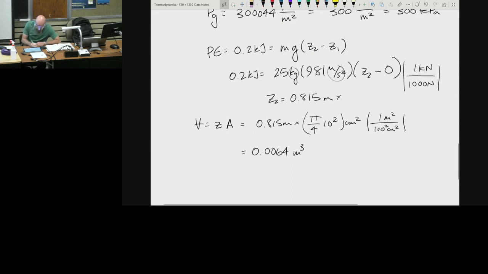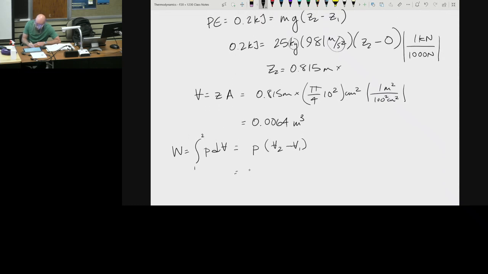Okay, so now we can find out what the work is. The work is the integral from 1 to 2 of P dV. Pressure is constant, so this is going to be pressure times V2 minus V1. We said the pressure was 300 kilopascals. V2 is 0.0064 meters cubed.